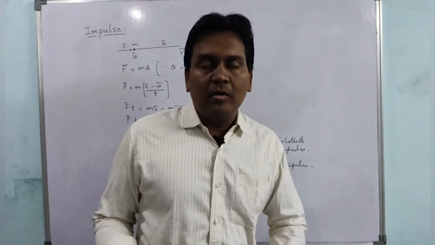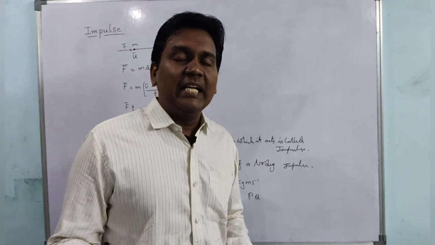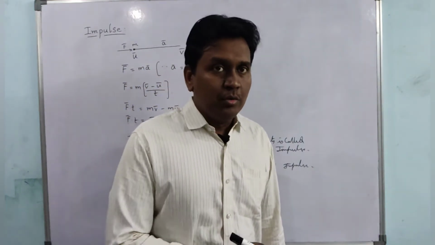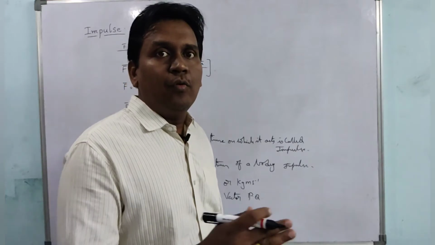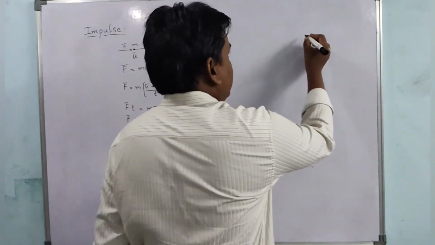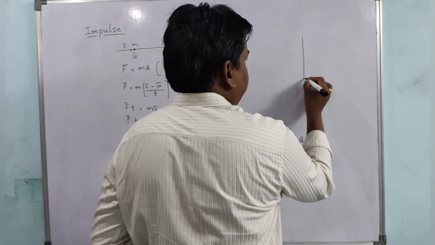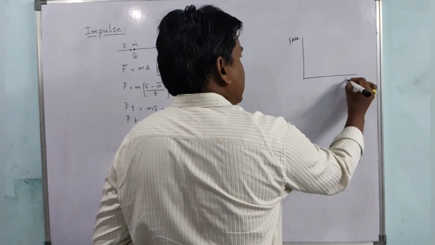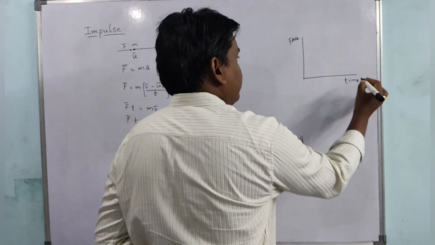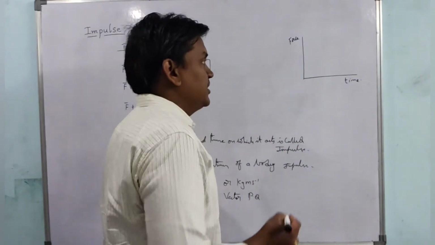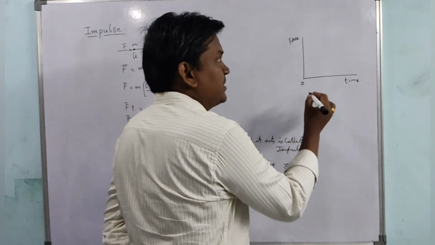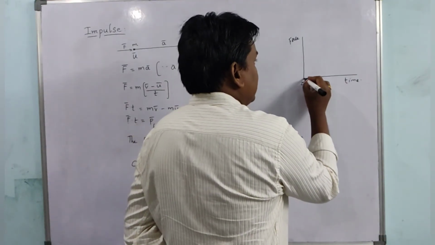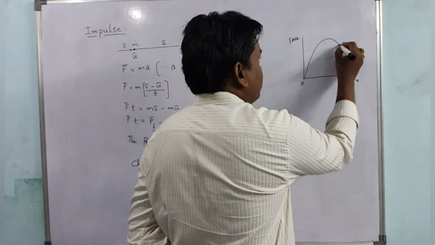The impulse applied on a given object in a given interval of time can be measured by using the area under the force and time graph. So this is the force and time graph. Impulse graph seems to be like this.